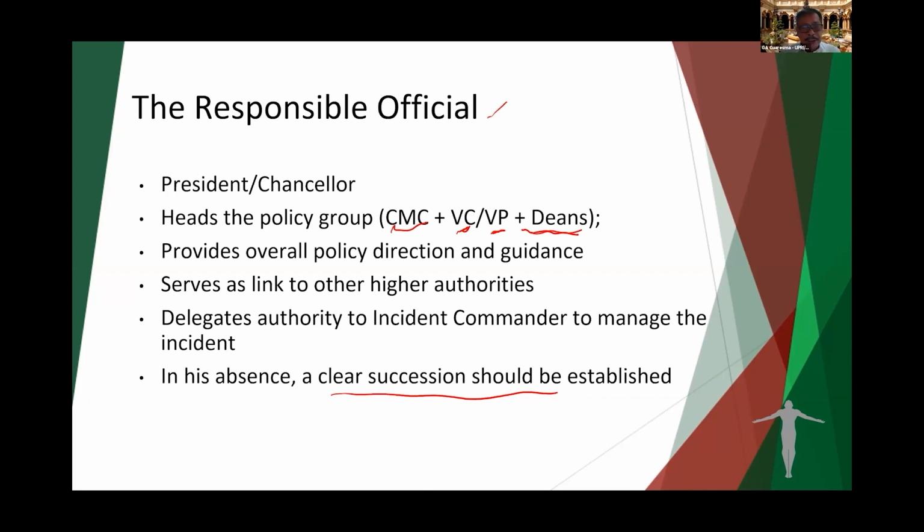So when the chancellor, for instance, is on a trip or is not available during the incident, who will take his or her place? So normally the chancellor will designate an officer in charge, and the problem there is that the officer in charge cannot delegate his or her authority. So in this case, we need a clear succession line. So that succession line may depend on the CU.